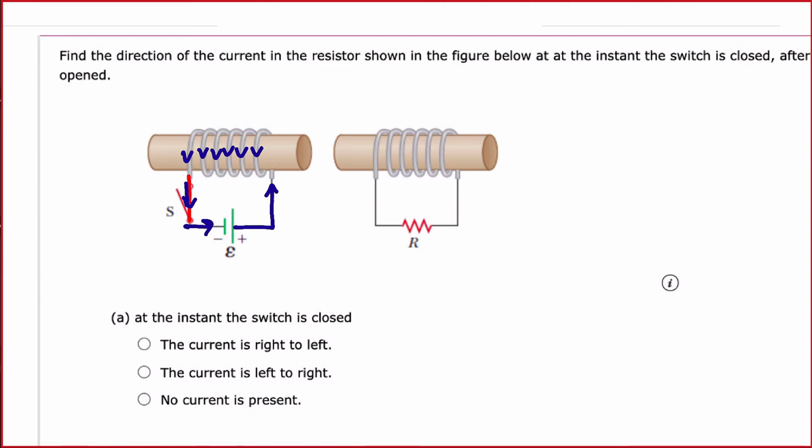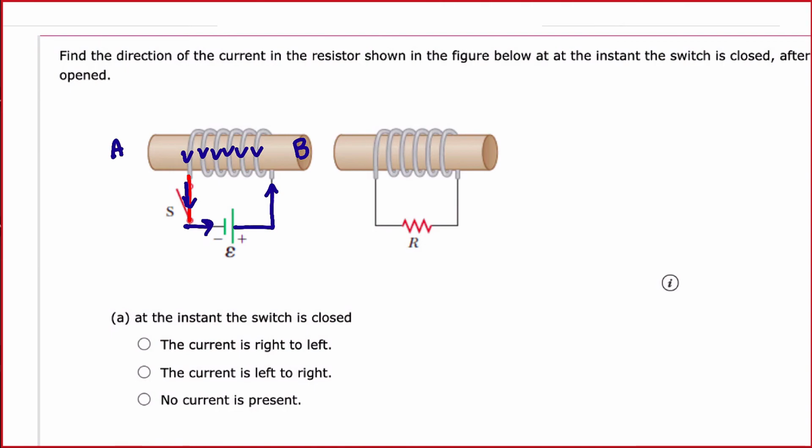Now, using your right-hand rule, you should be able to determine which side of this solenoid is north and which side is south. I'm going to label them A and B. Can anybody tell me which side is north, pole A or pole B? Use your right-hand rule.